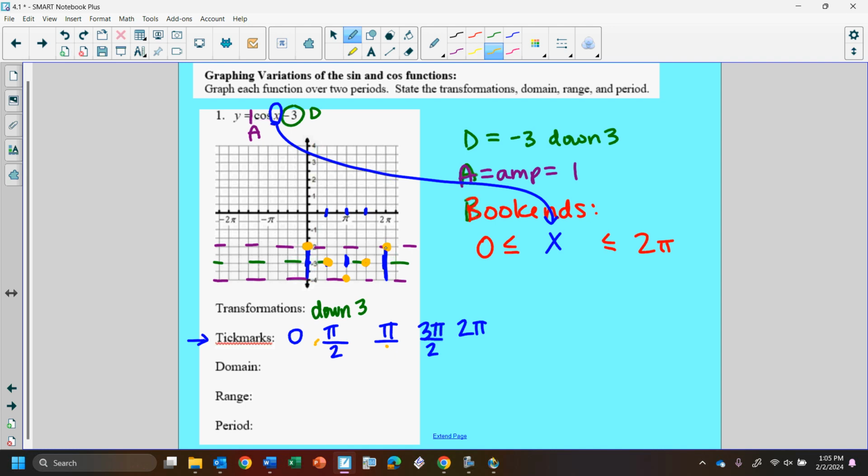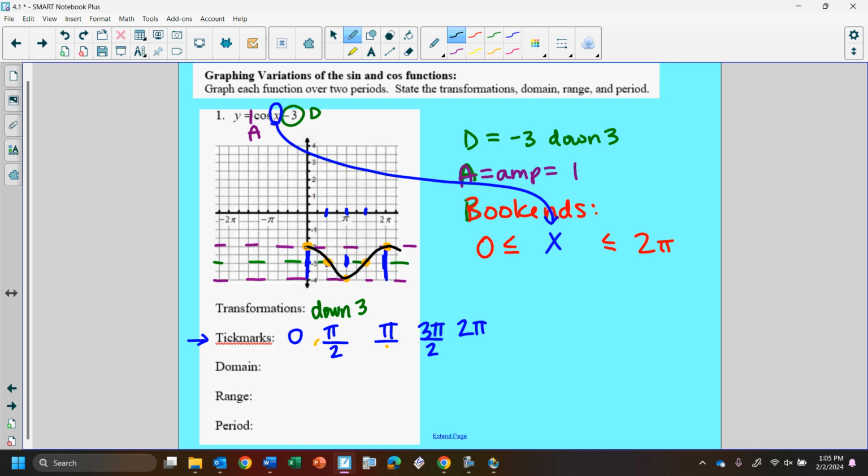And here we go. We just graphed our first cosine graph with some transformations. How do you feel? Okay? All right. As you go to draw that curve, draw that wave, I usually ask you guys to draw 2 periods.